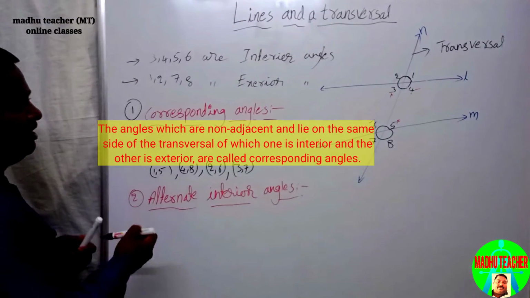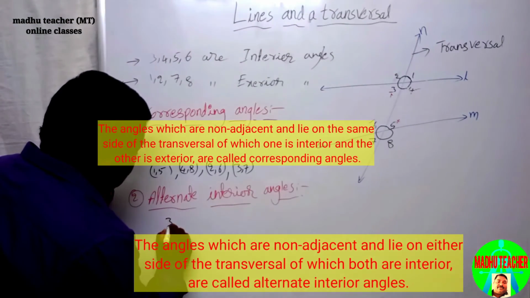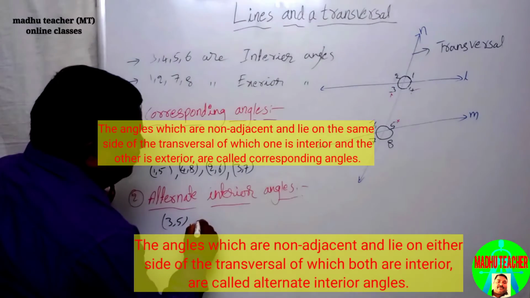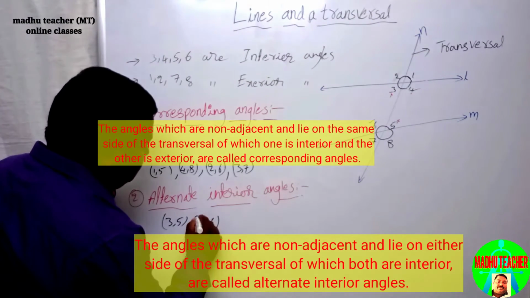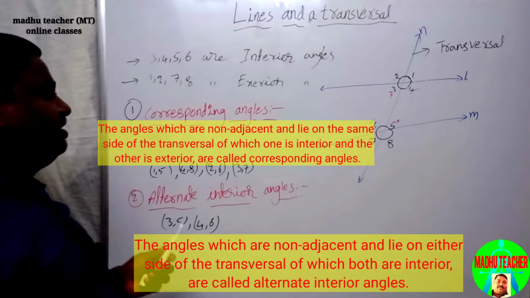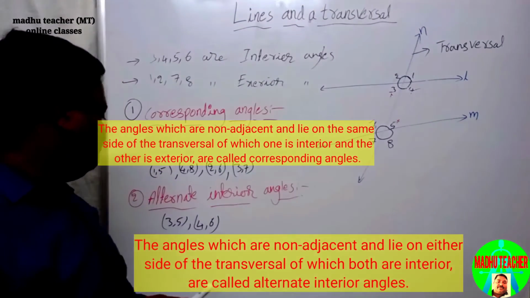What are the alternate interior angles? 3 comma 5 and 4 comma 6. These two pairs are alternate interior angles.